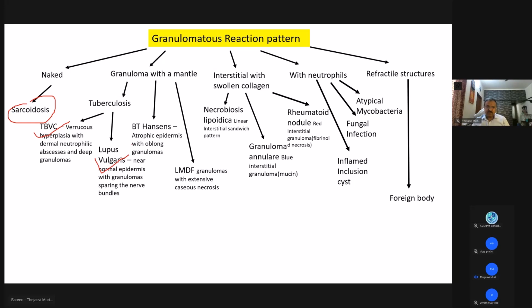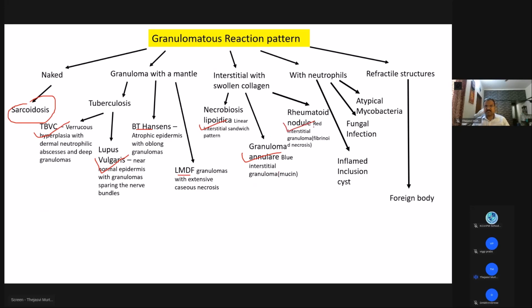BT Hansen's: atrophic epidermis with oblong granulomas. LMDF: granulomas with extensive caseous necrosis. Necrobiosis lipoidica: linear sandwich pattern where the necrotic collagen is sandwiched in between inflammatory aggregates of histiocytes. Granuloma annulare: blue interstitial granuloma, mucin degeneration of the collagen. Alcian blue stain is a must here.